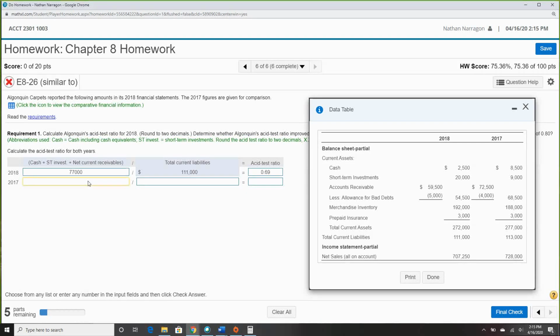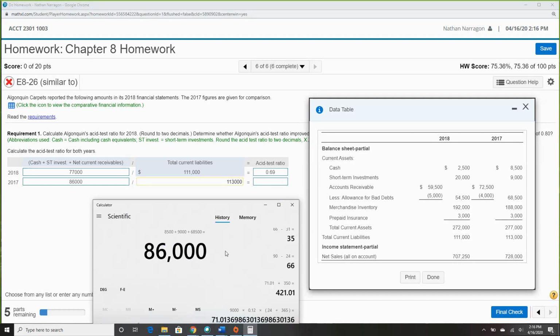I don't know why I wasn't getting that correctly. 86,000, and then divide by current liabilities. Okay.